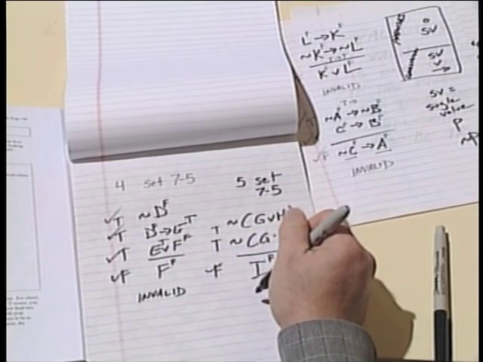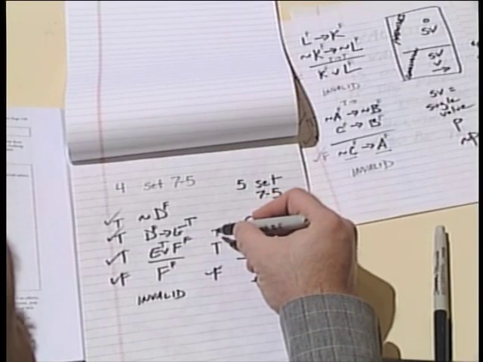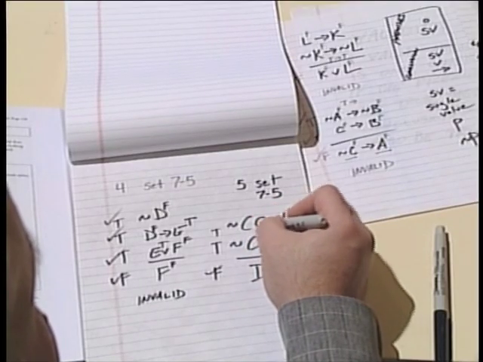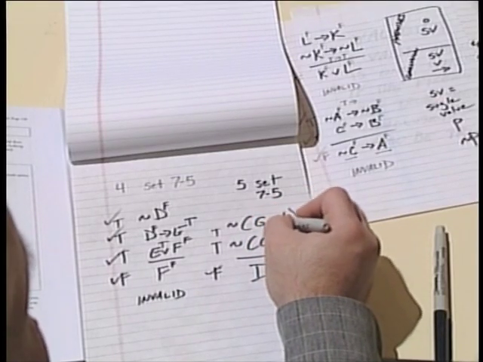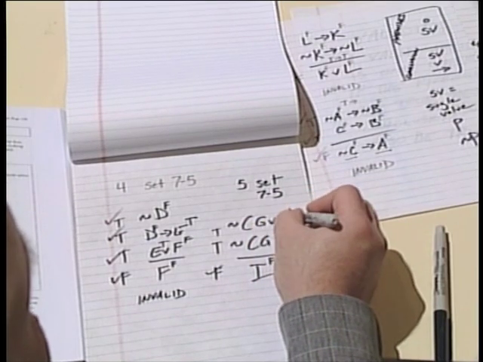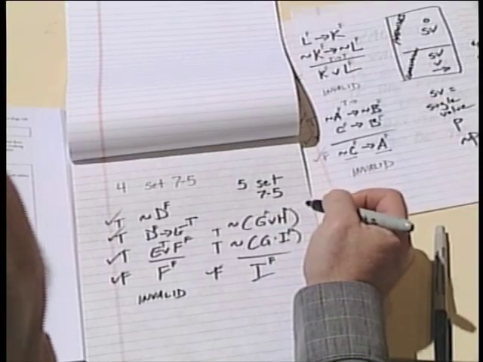So G doesn't matter. And I'm now going to use that line of reasoning up on line 1. True. I want to make this whole thing true, but it's in parentheses and negated, so what's inside has to be false. That's an OR statement. To make an OR statement false, I have to make both sides of it false.